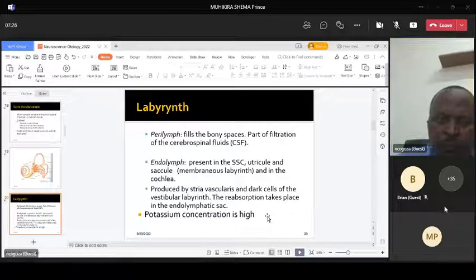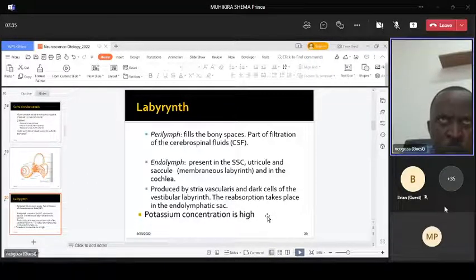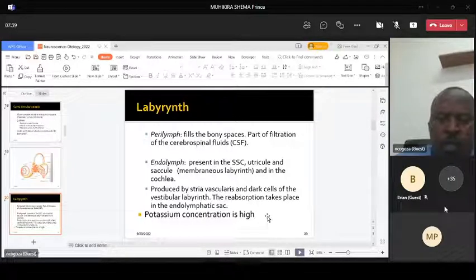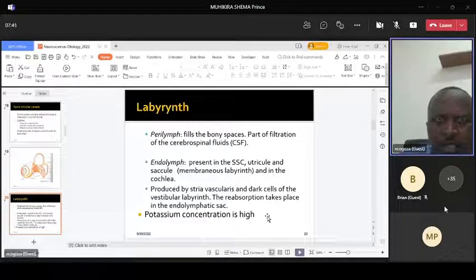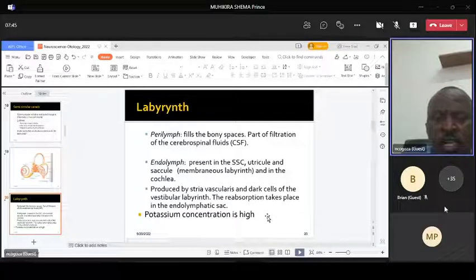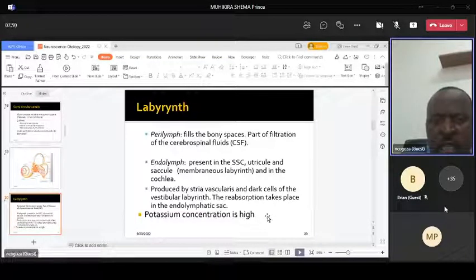So now, what you have to understand is that in the vestibule, in the cochlea and in the semicircular canals, we have two chambers. We have the inner chamber and the outer one. The outer chamber is filled with the perilymph.